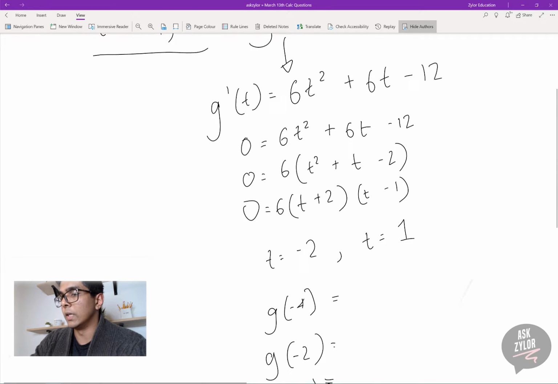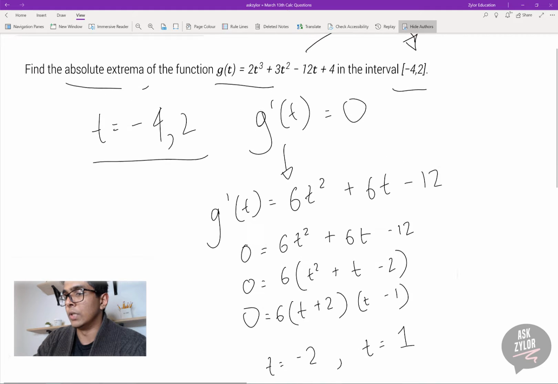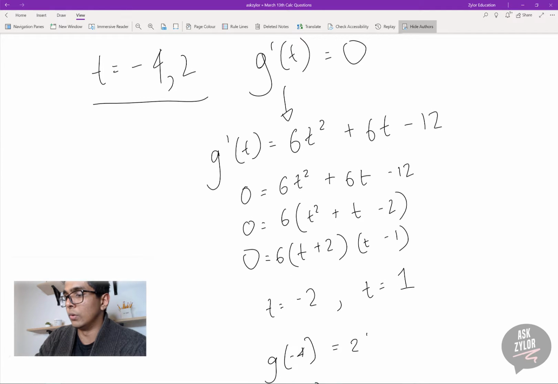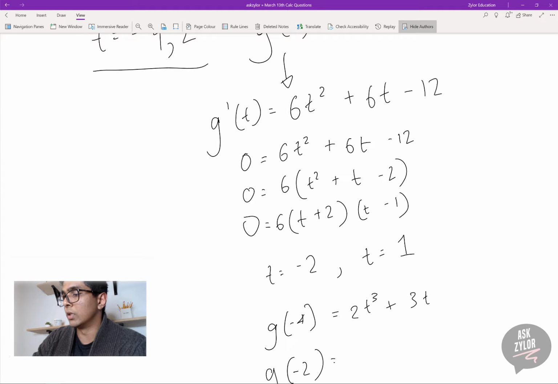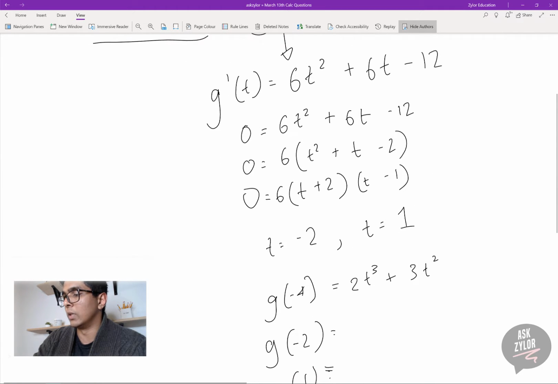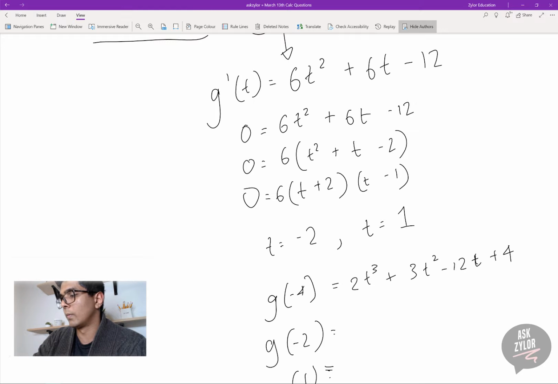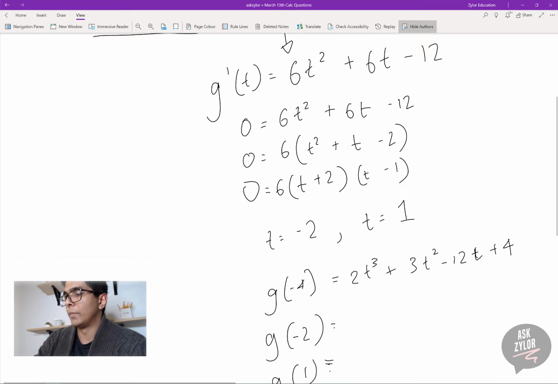So I'm going to write down the equation for g of t. So it's going to be 2t cubed plus 3t squared minus 12t plus 4. So instead of t, I'm going to sub in my -4 value.